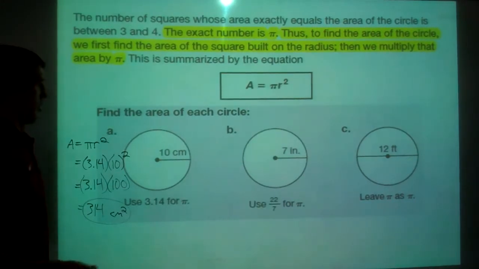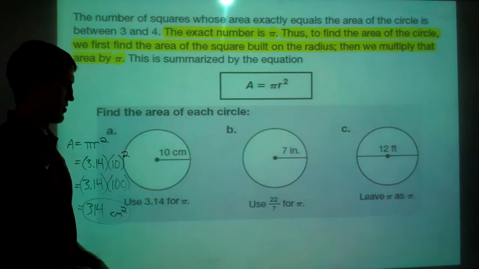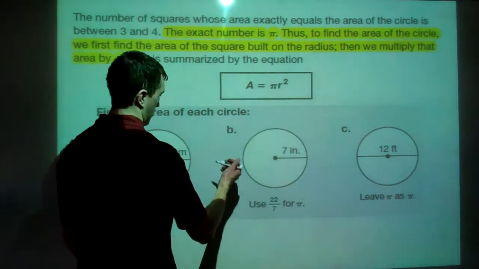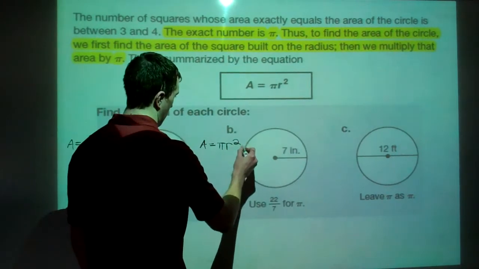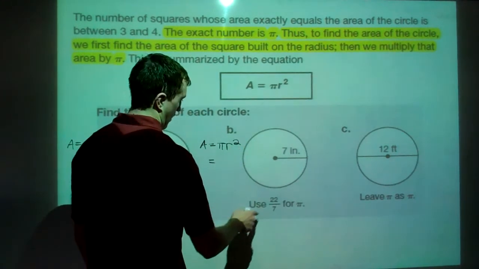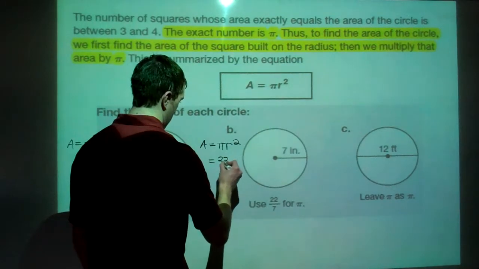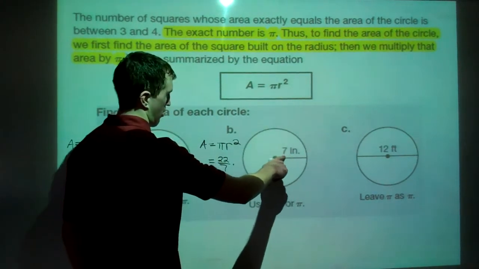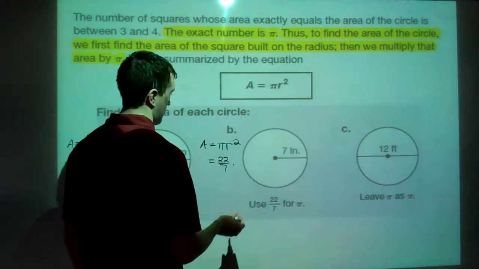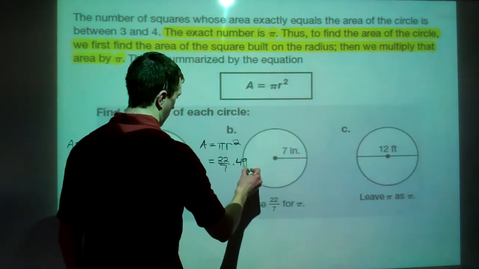Alright. Letter B says we get to use 22 over 7 for pi again. So we want area equals pi times radius squared. We get to use 22 over 7. And if we square 7, our radius, 7 times 7 is 49. So I'm going to do 49 over 1.